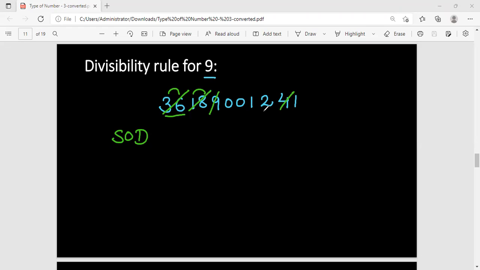Now 4 plus 2, 6, 7, 8. We are left with this 8. So when the complete number is divided by 9, we'll get a remainder of 8. So this number is not divisible by 9. This is how we apply the divisibility rule for 9.